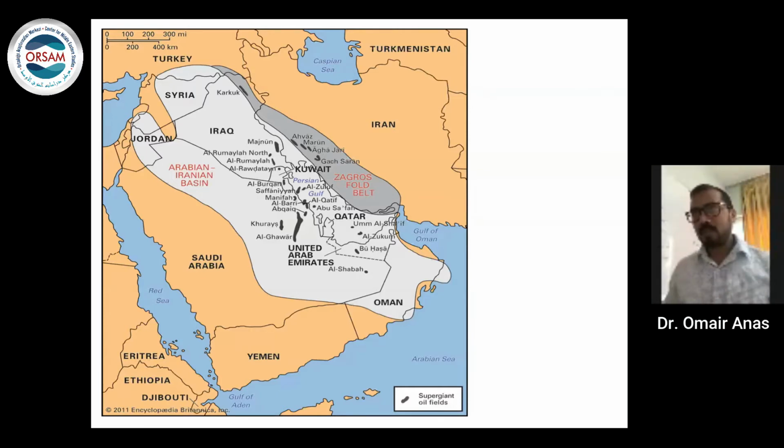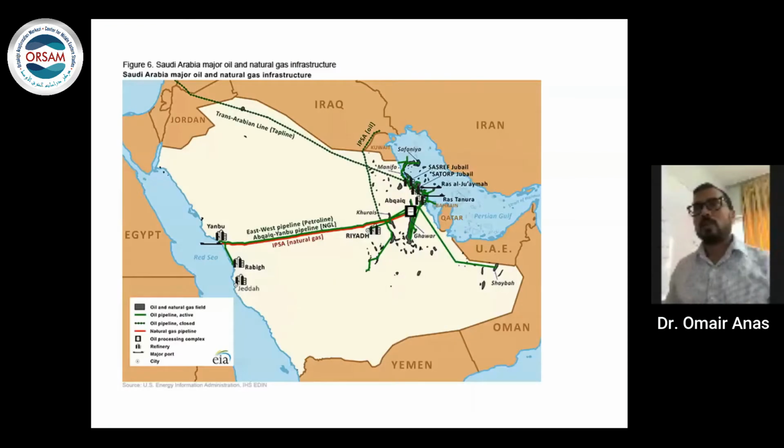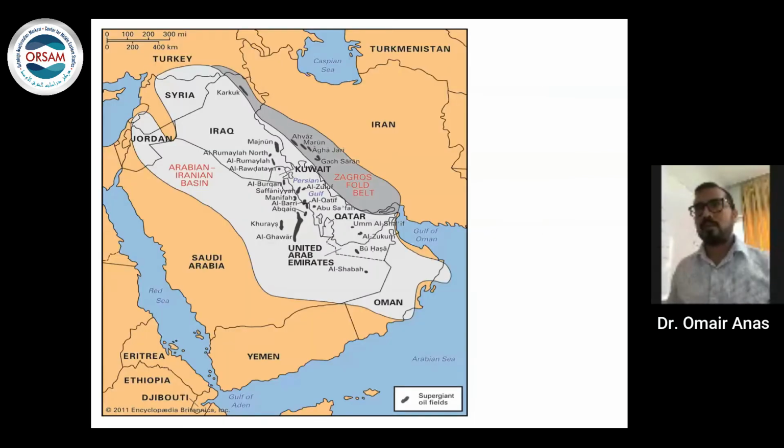So let me begin by showing you this map. This is the Gulf region, and in this region you can see the eastern part of Saudi Arabia, which is dominated by many oil wells, and Qatar, UAE, Kuwait, and much of Iraq, some parts of Jordan, and the coastal area of Iran.